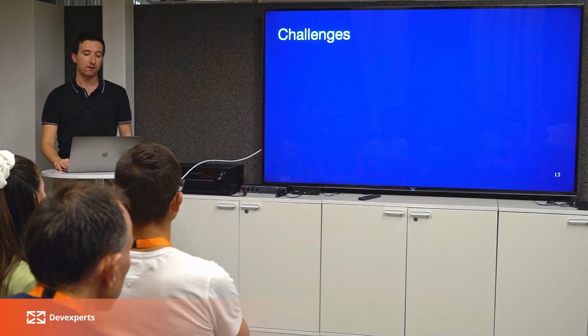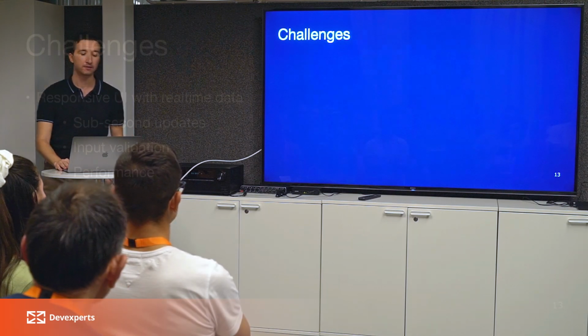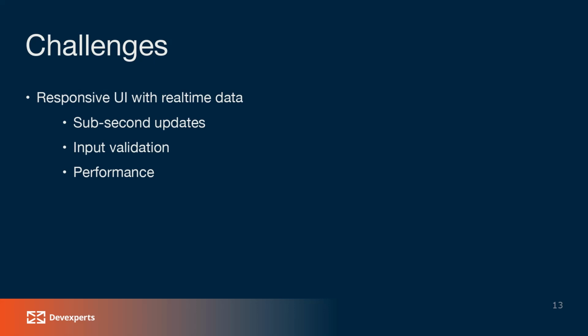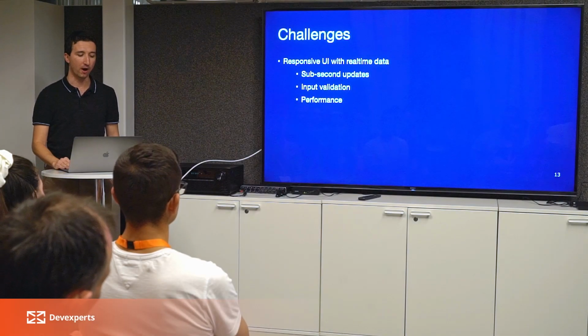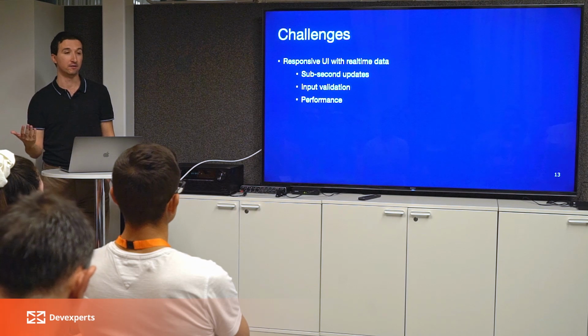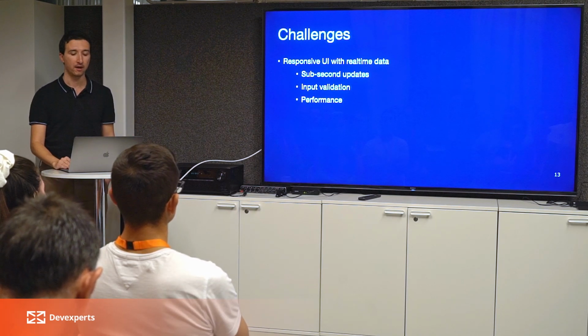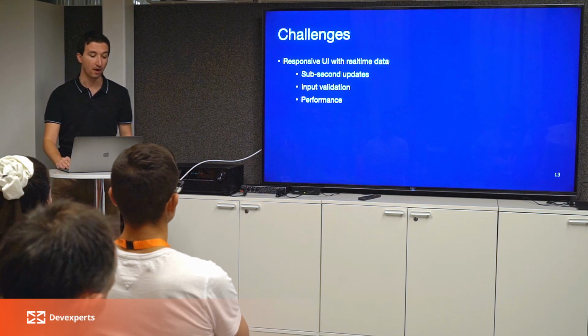So what are the challenges that we face working on this? I would say there's probably two types of challenges. I think the first one is just the requirement to work with real-time data and make the UI of these applications as responsive as possible and attractive to use.